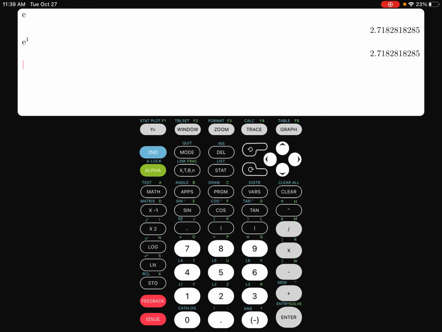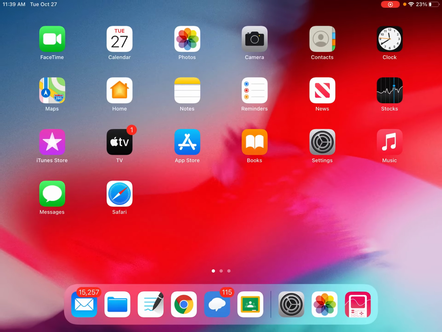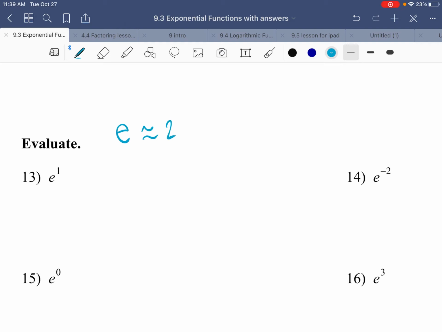But e has the value of 2.71828182845, and it's a non-repeating, non-terminating decimal, similar to pi, but we usually just use 2.718 as an approximation. So e to the first power is approximately, it's not exactly, so we're going to use the approximate symbol, 2.718, but it does continue on.